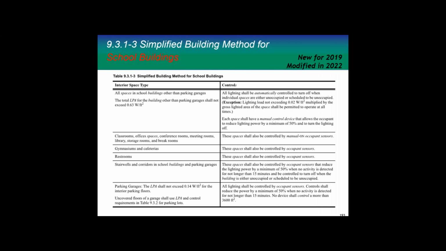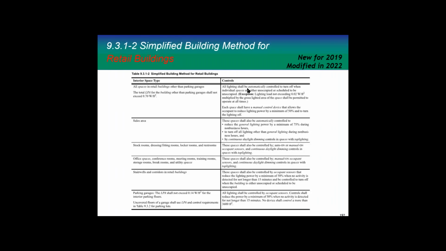So for the retail buildings, again, everybody has some controls, and that's what most people complain about, not really the lumens cost of controls. So you can see there that retail buildings do have some improvement. And this number is just one number you have to meet.